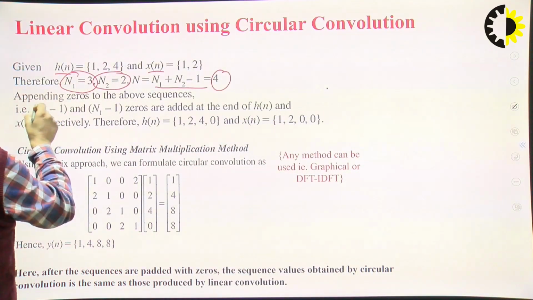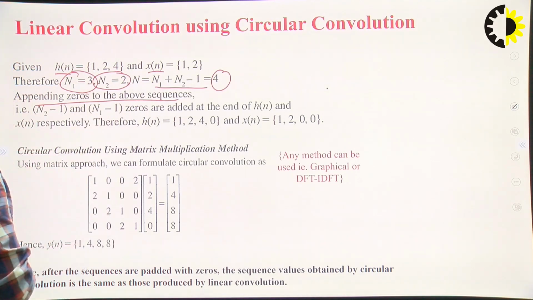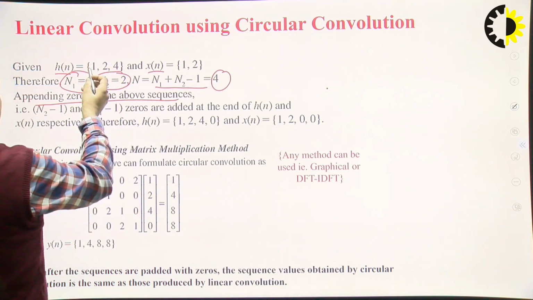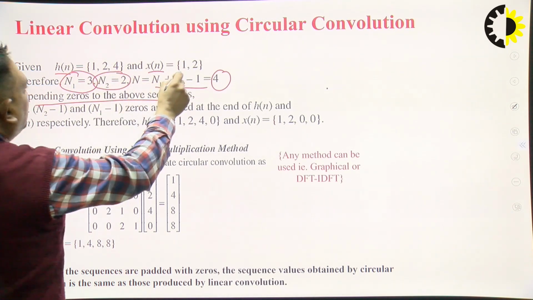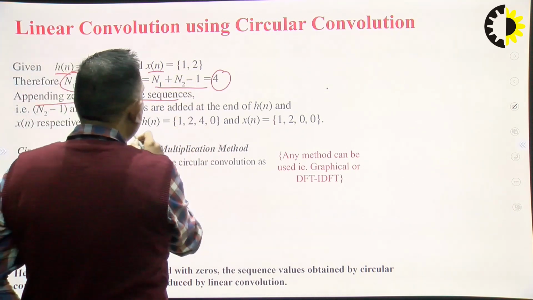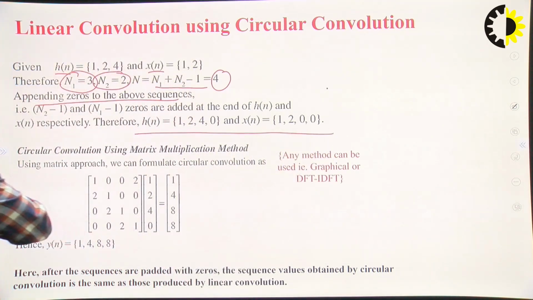So appending zeros to the above sequences, here we will add one 0, because then this length will become 4, and here we will add two zeros. So the new sequences h(n) and x(n) are 1, 2, 4, 0 and 1, 2, 0, 0.